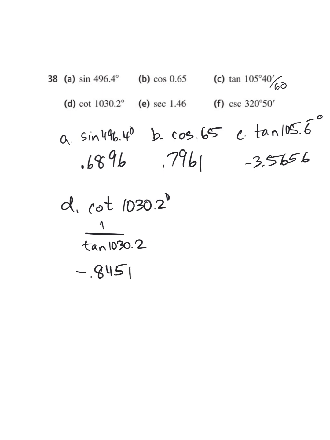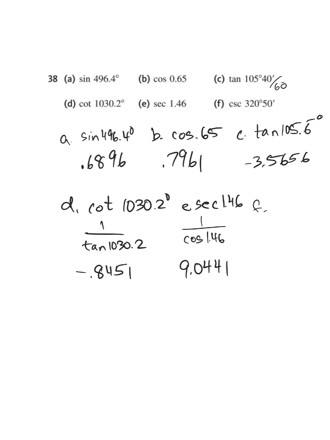And E is the secant of 1.46 in radian mode, and that's 1 over cosine. So put it in radian mode, do the cosine of 1.46, and then hit your 1 over x key, and that's 9.0441.